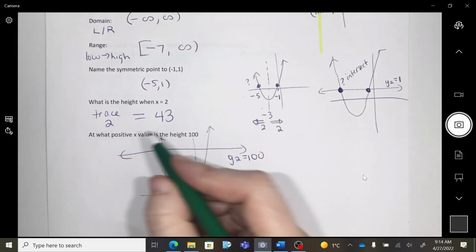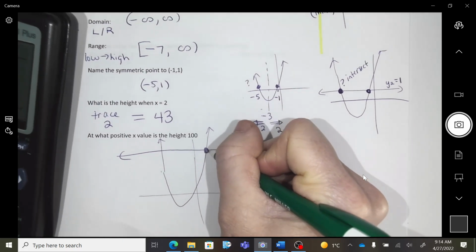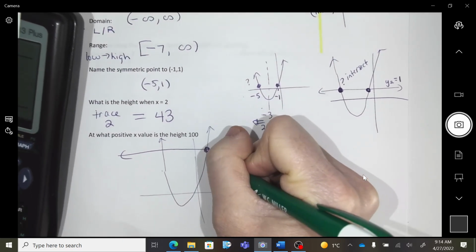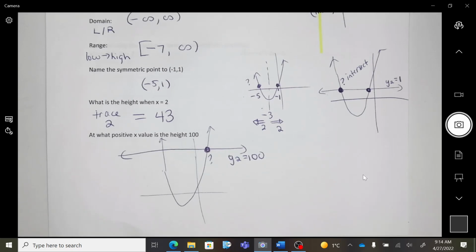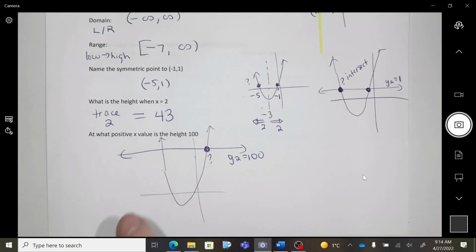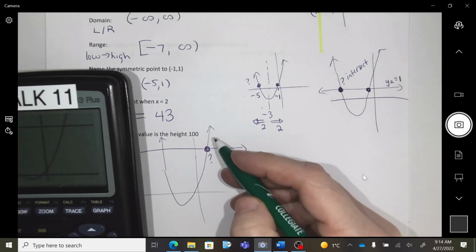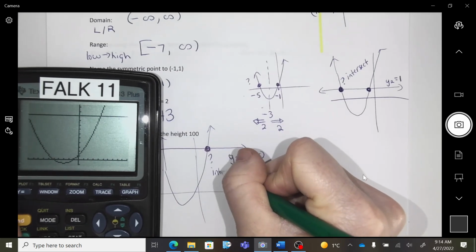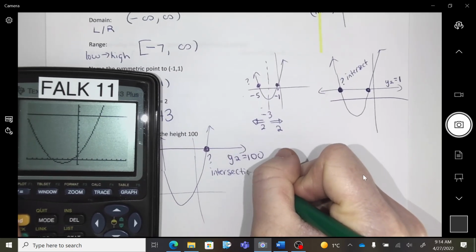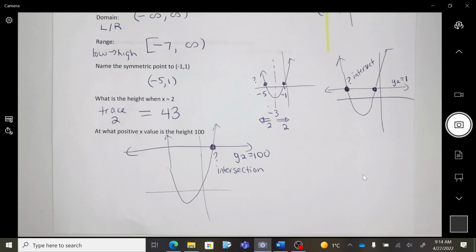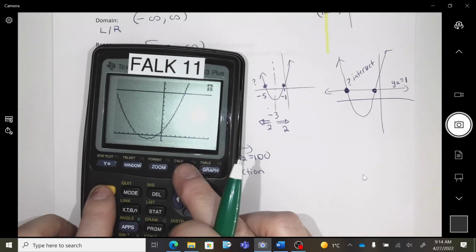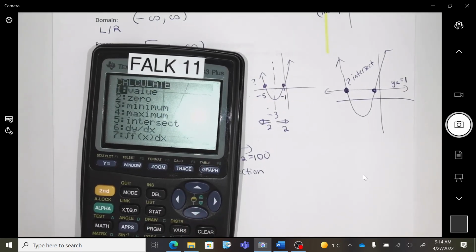And this said a positive x value. So I want that x value. I don't want this one because that's a negative. So what is the x value at this intersection? Okay, so can you calculate the intersection there?